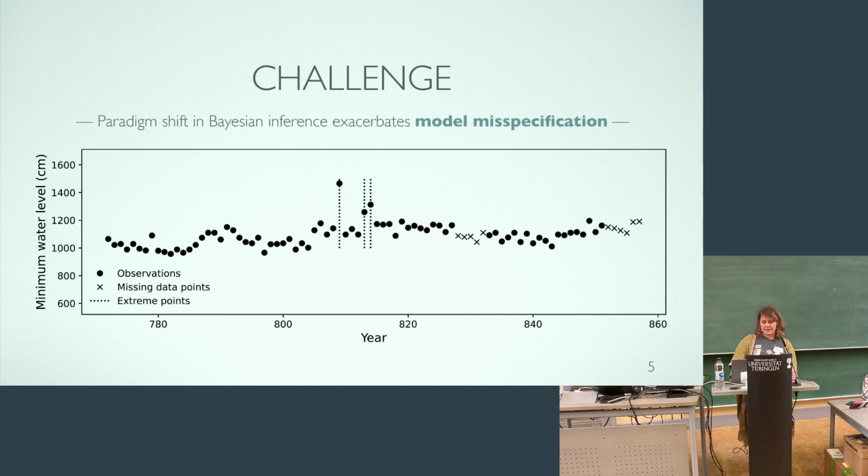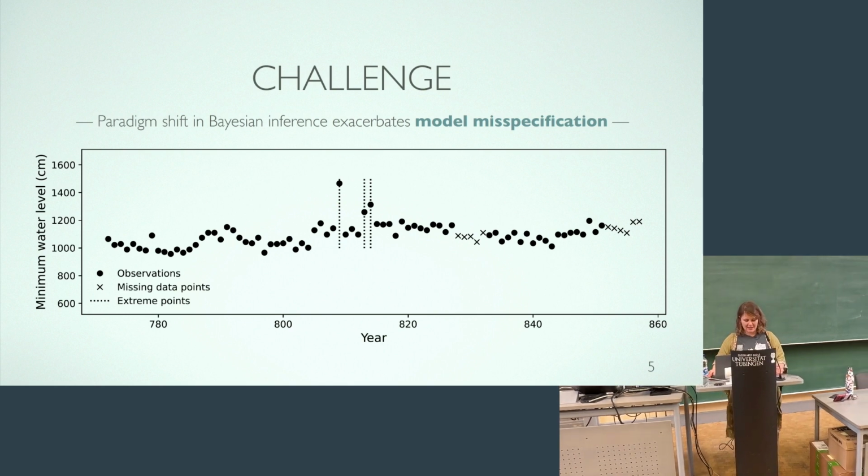Here is an example of this happening, and specifically an example of the impact of having a couple of outliers on uncertainty quantification. This is data of levels of the Nile River from year 740 to 860, roughly. Over that period, there were three extreme events, 3 years when the Nile flooded.